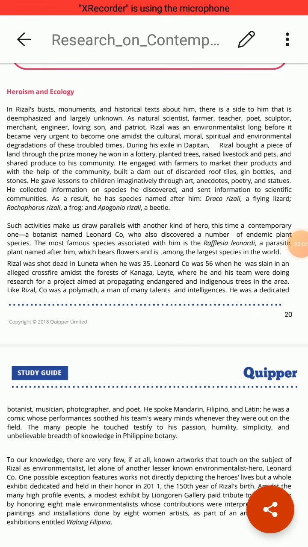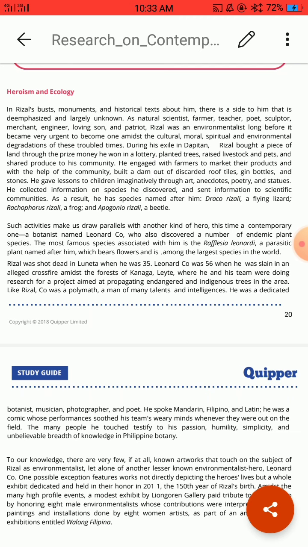So next is ang heroism and ecology. So aside of being a national hero kang Rizal, naapod siya yung mga side sa iyang self nga wala na ilhan sa tanan, as a natural scientist, a farmer, teacher, poet, sculptor, merchant, engineer, loving son, and patriot.